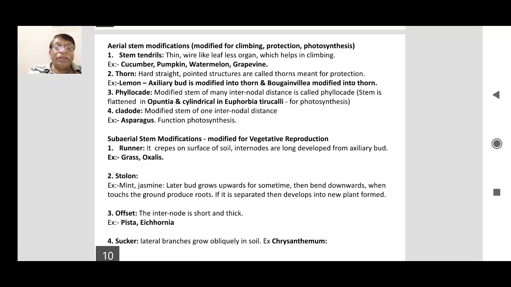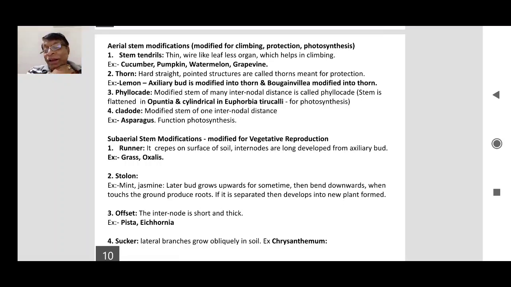When it touches or comes in contact with the soil, it produces new roots. That's all about stolon.